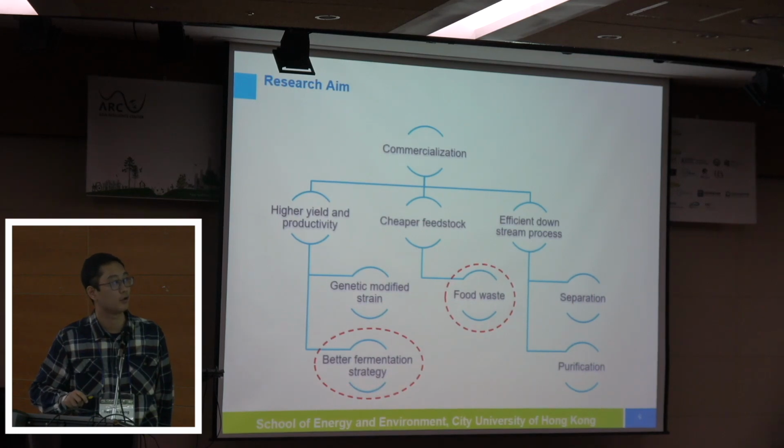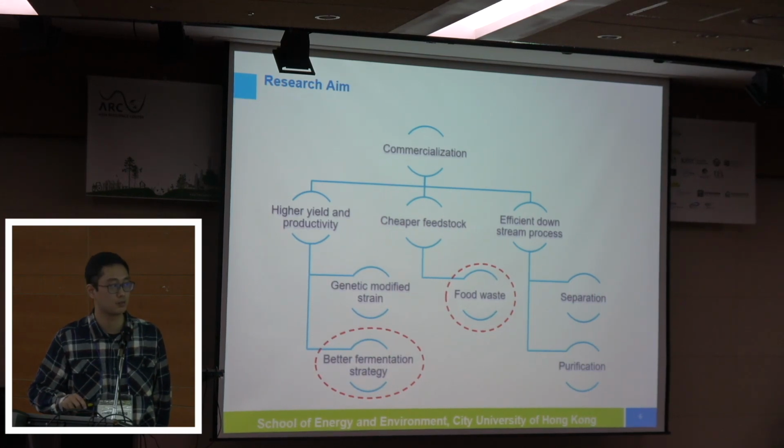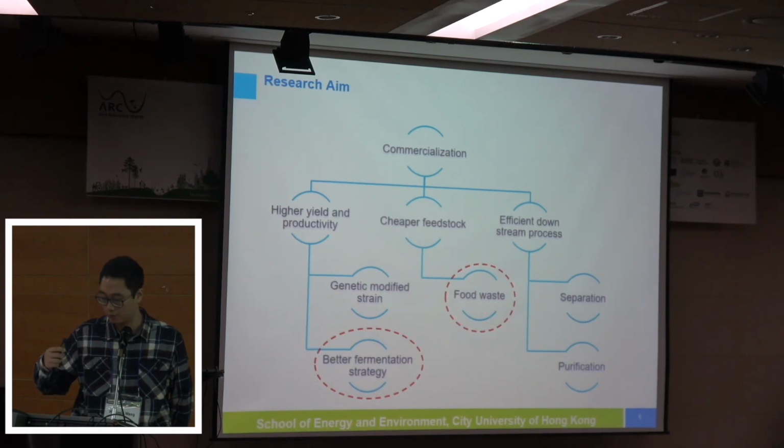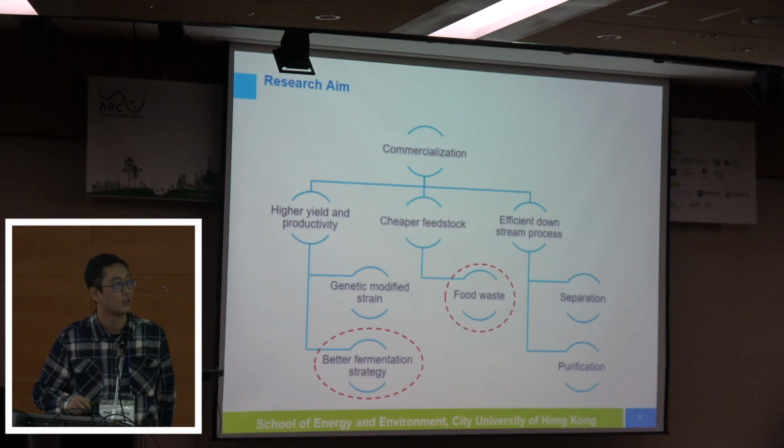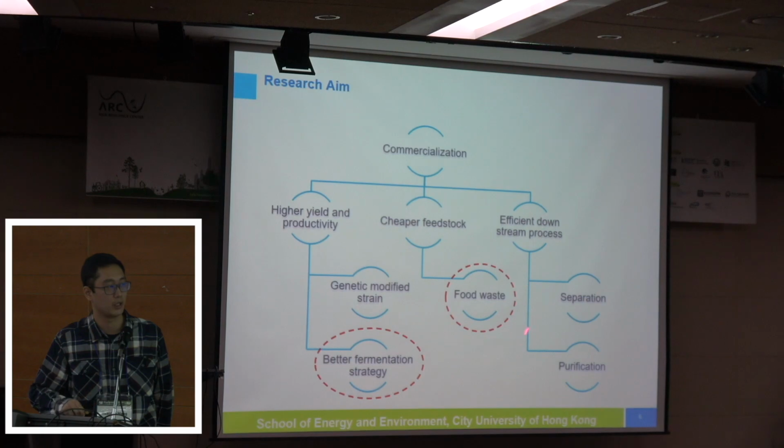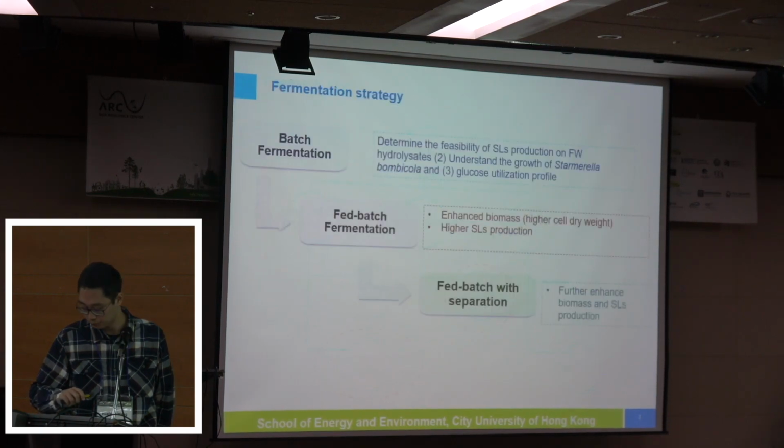And for cheaper feedstock, we want to try food waste, because it is a waste source and also a very nutrient-rich source. We want to see if it can be valorized to be a feedstock for our fermentation. For the downstream process, we are not focusing on it here.